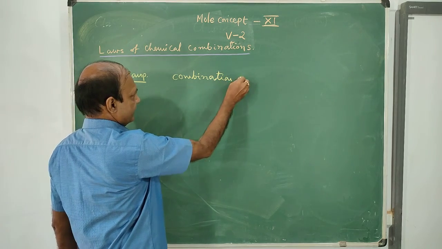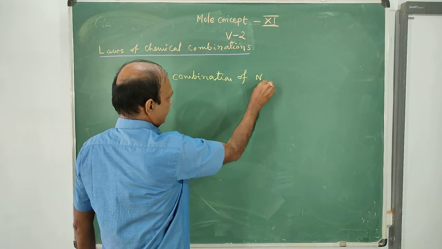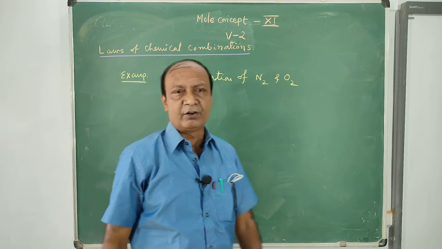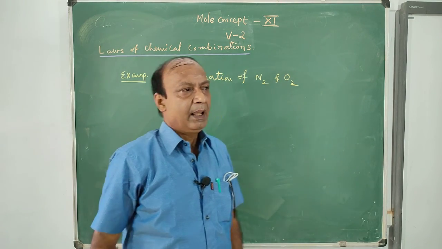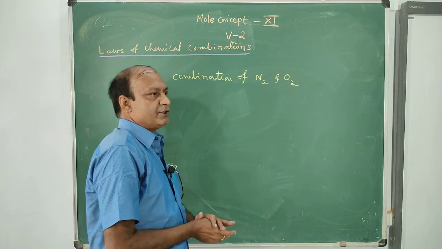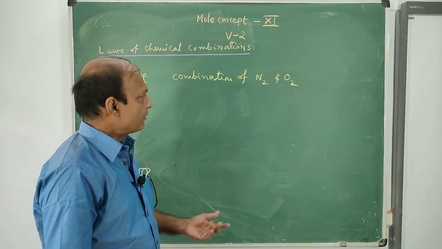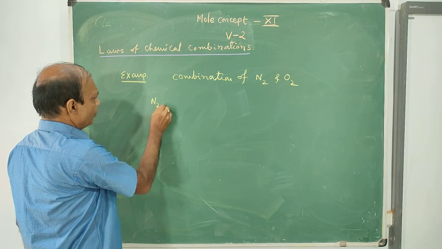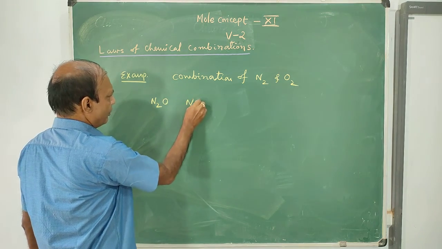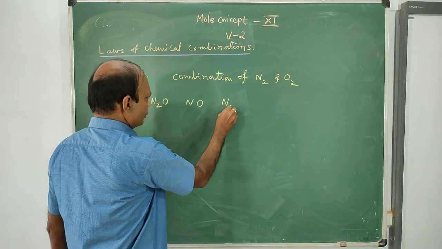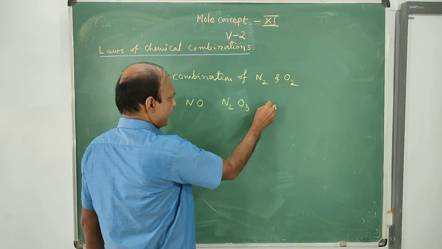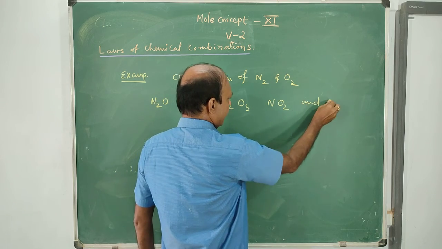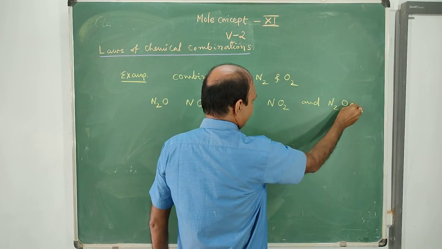nitrogen and oxygen. These two elements, nitrogen and oxygen, are combining, and after combination they form different oxides: N2O, NO, N2O3, NO2 and N2O5.